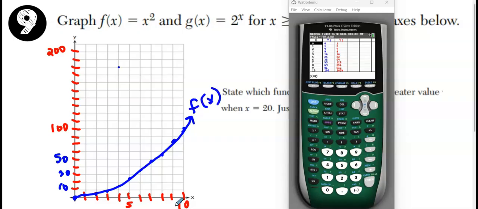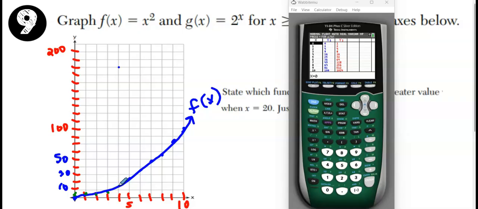And now my second one, let's see if I can just graph a couple here. 0, 1, 1, 2, 4, again, very similar. 3 is 8, just below here.